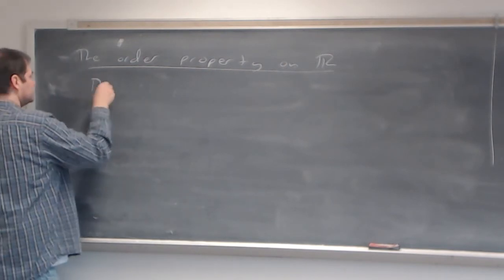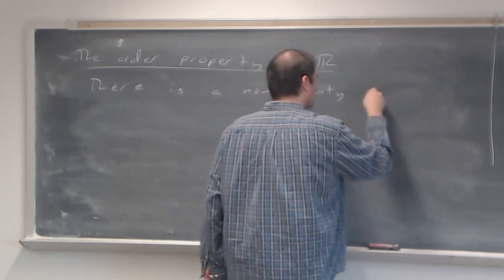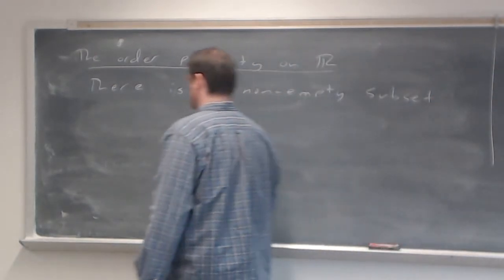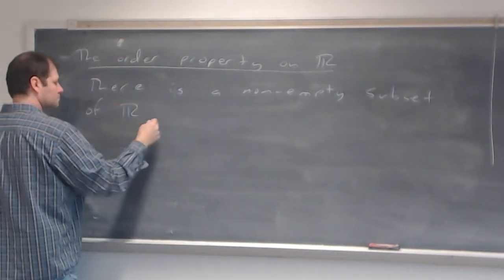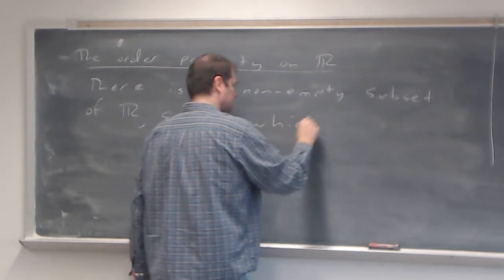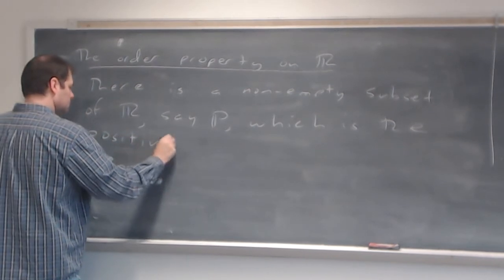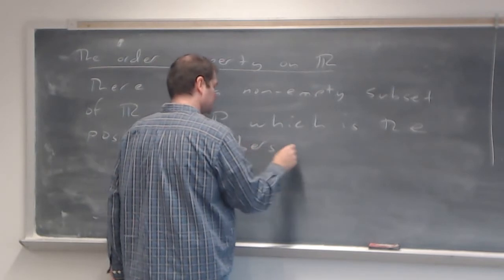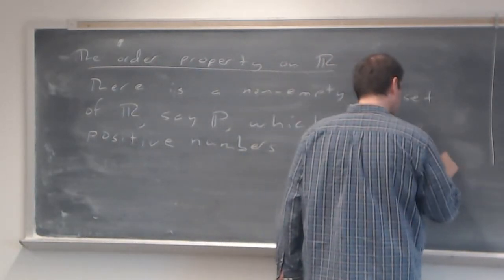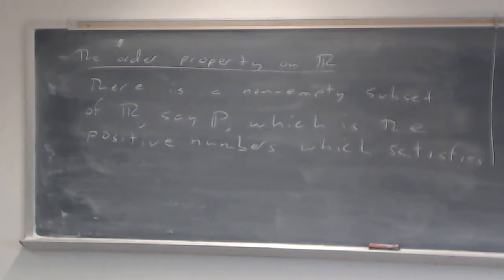It says there is a, this is key, non-empty subset of R, say P, which is the positive numbers, which satisfies three things.